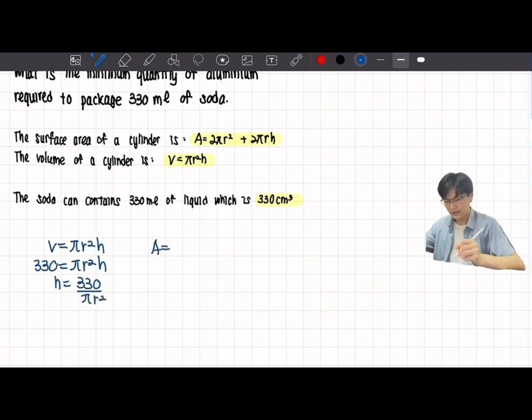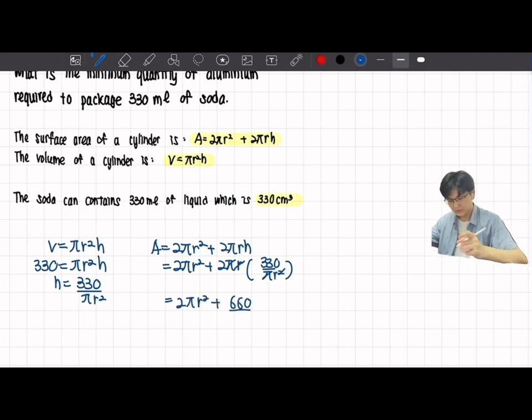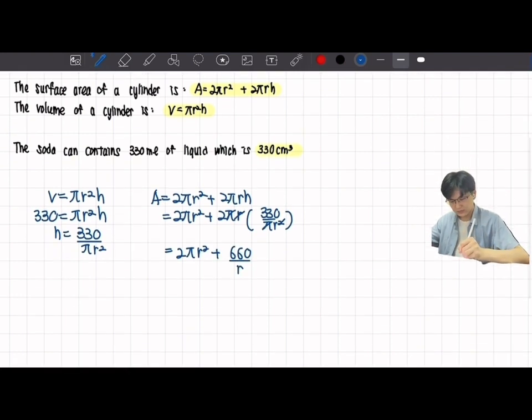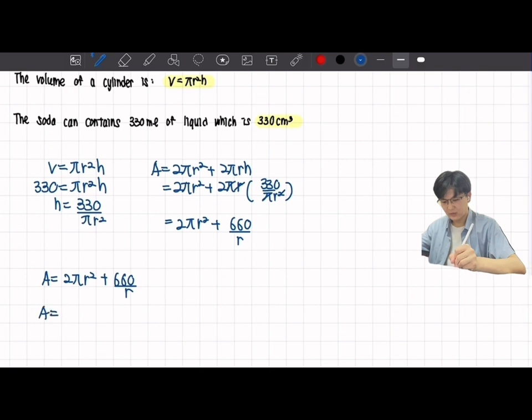So we got h equal to 330 over pi r squared, and we need to substitute h into the equation of surface area of a cylinder, which is A equal to 2 pi r squared plus 2 pi r h.